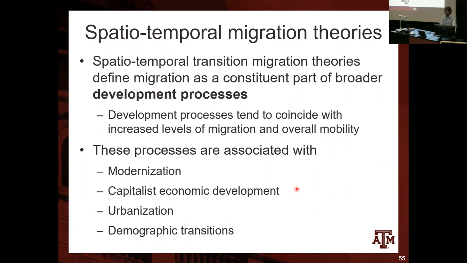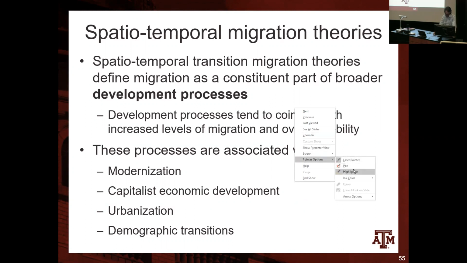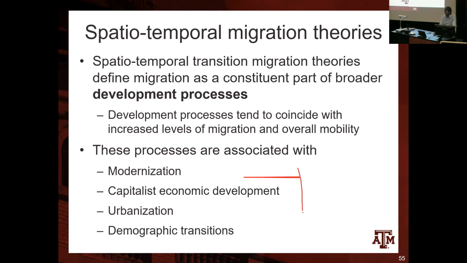I don't think I put a graph here. Let me see if I can do something really high tech. I just see this is the vertical axis, and that's the horizontal axis. This horizontal axis is development, and this vertical axis is migration.